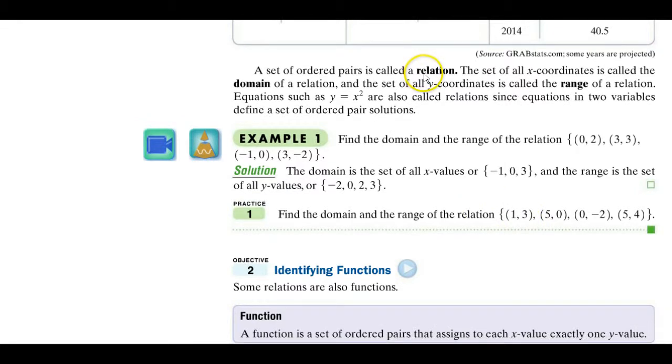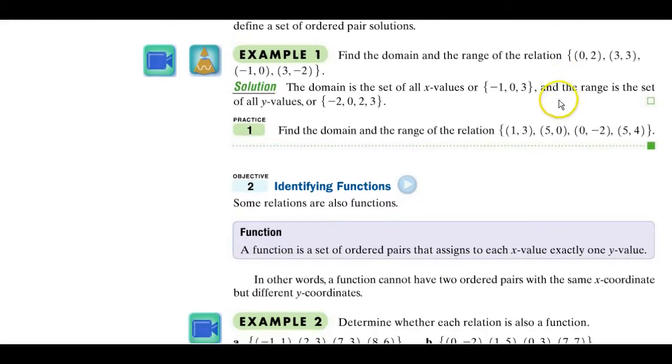So I have already defined what a relation is, and a domain, and a range. So in example 1, they want us to, in roster notation, find the domain and range of these ordered pairs. Well, basically what we're going to be doing for the domain is take the x element, 0, 3, -1, and if it's written twice, like it is here, a 3 is there and a 3 is there, we don't write it twice.